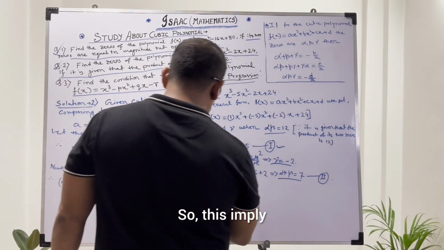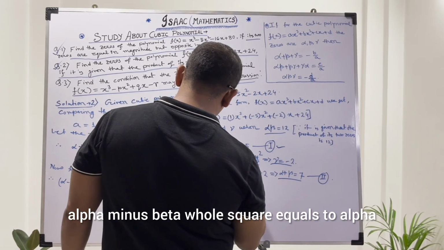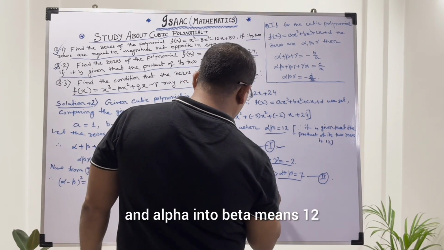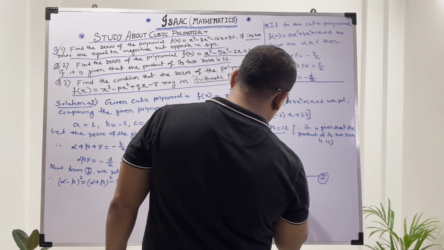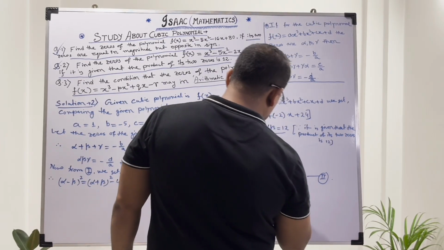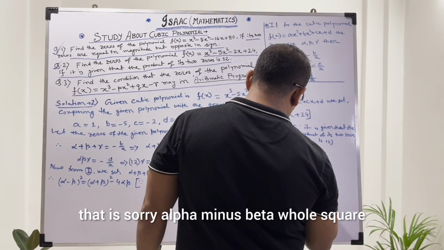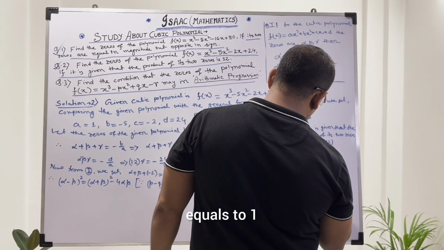So alpha minus beta whole square equals alpha plus beta, that is 7, squared, minus 4 times alpha into beta, that is 12. So this will give 49 minus 48, that is 1. So alpha minus beta whole square equals 1.